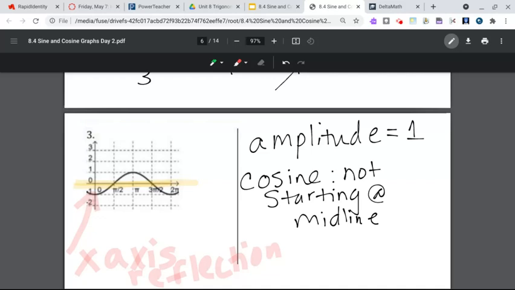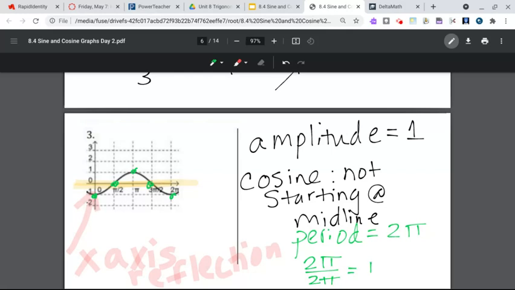Well, because this is reflected, it's going to go minimum, midline, maximum, midline, back to minimum. That's one cycle, or its period is 2 pi. So its b value is going to be 2 pi over 2 pi, which is 1.